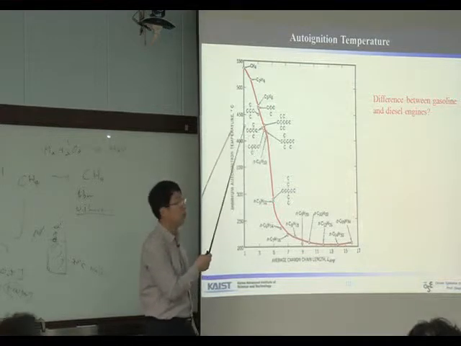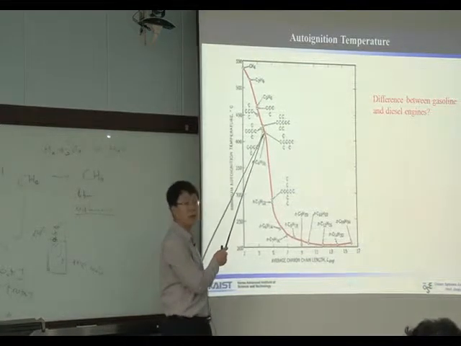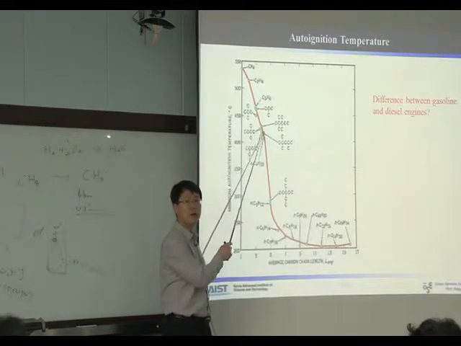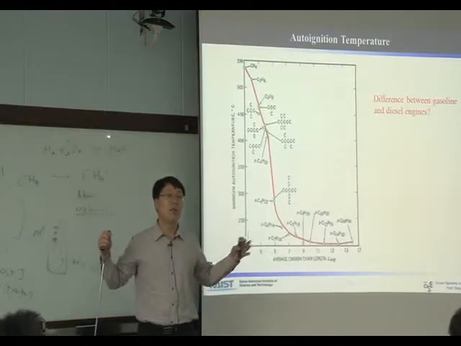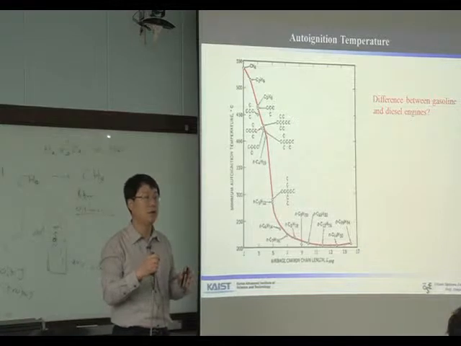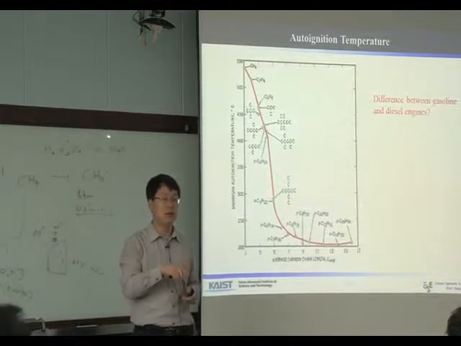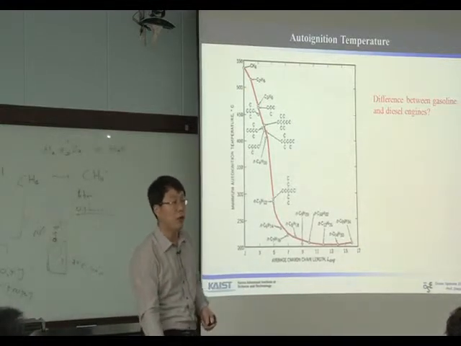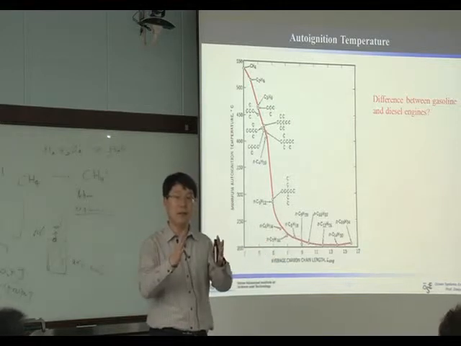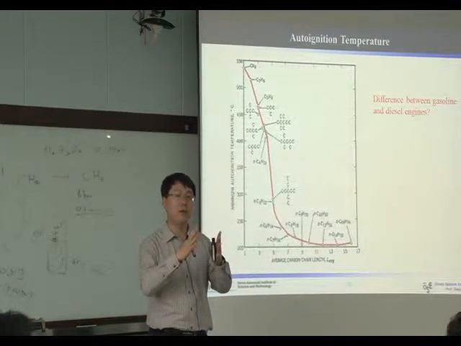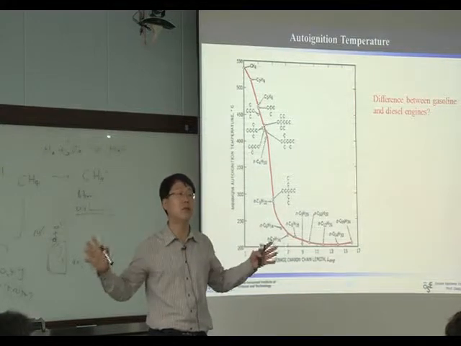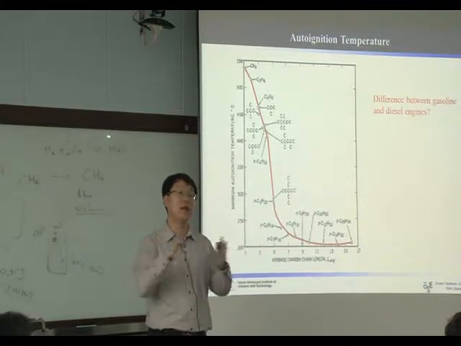But sometimes we have a heavy component, C4. The original intention is that we compress the gas and we ignite, then we have an explosion that can move the cylinder.